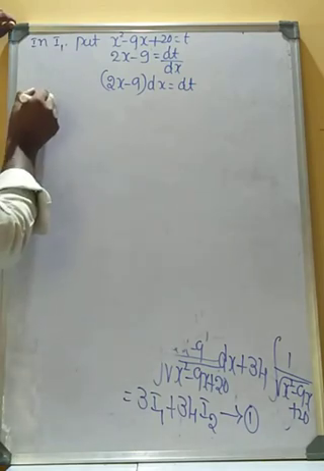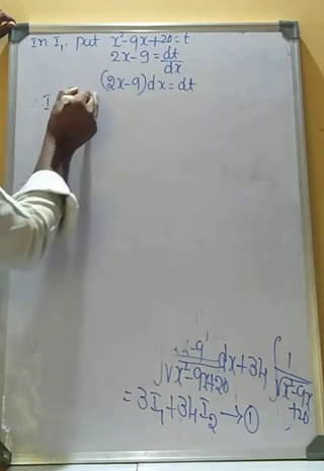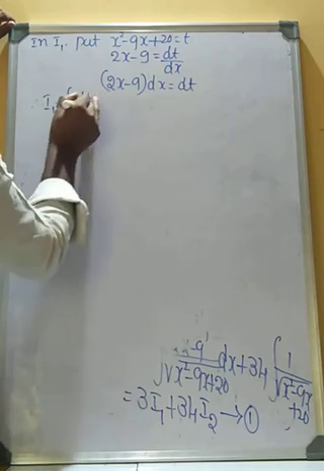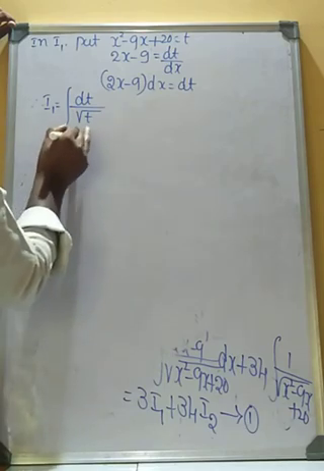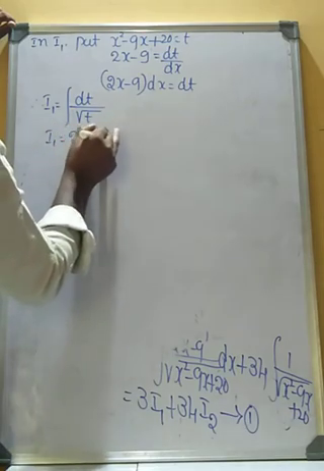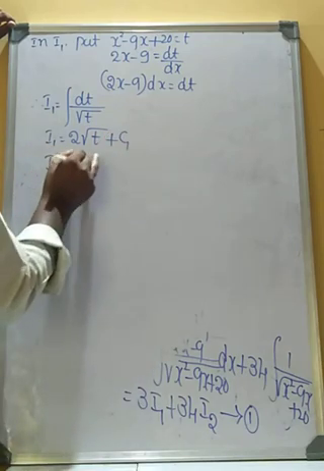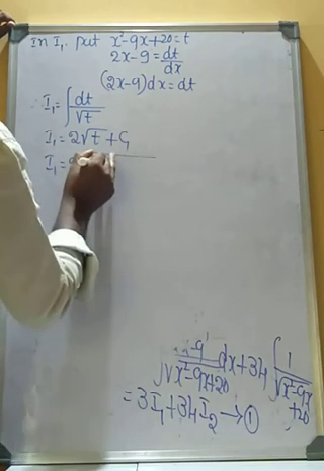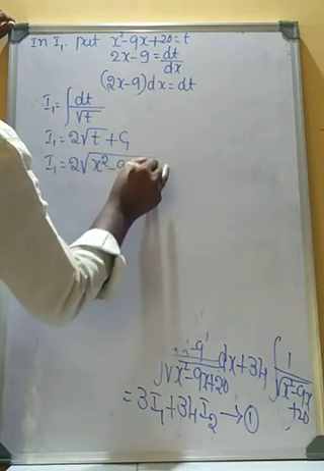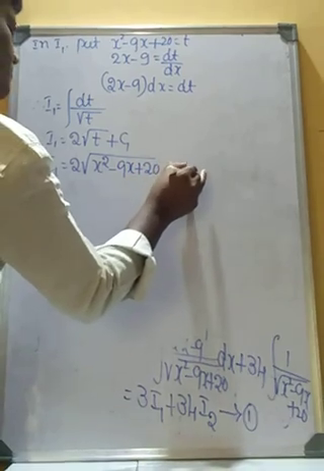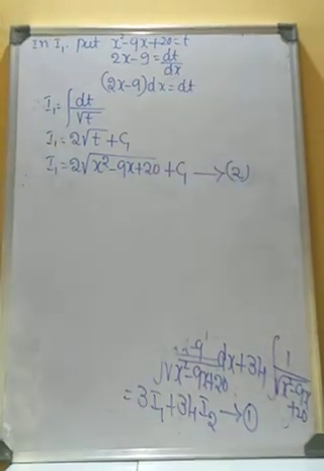Substitute in I1: the first integral term is the integral of dt divided by root t. Therefore, I1 is equal to 2 root t plus c1. Therefore, I1 is equal to 2 into root of x square minus 9x plus 20 plus c1. Call this equation number 2.